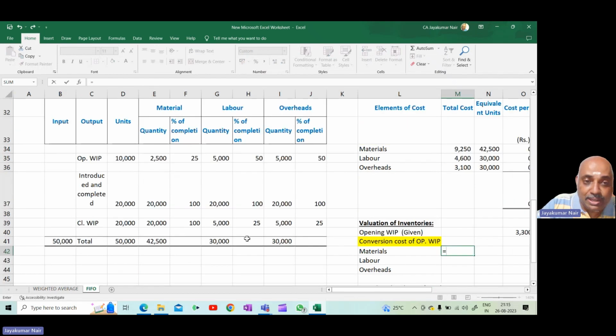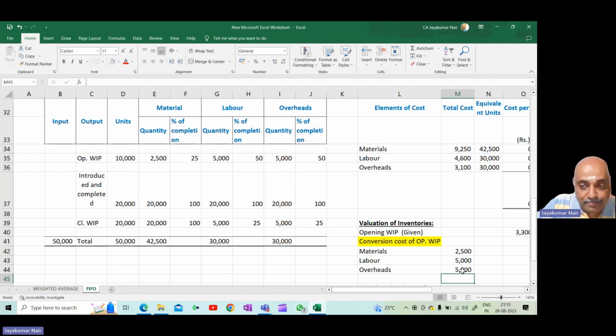During this particular year, previously 75% already completed in the past. Now in this accounting period, you have completed 25%, which is equal to 2,500. So materials equivalent units, you must take 2,500, whereas labor, it is 5,000, and overheads is also 5,000. So this is what you are incurring during the current period.